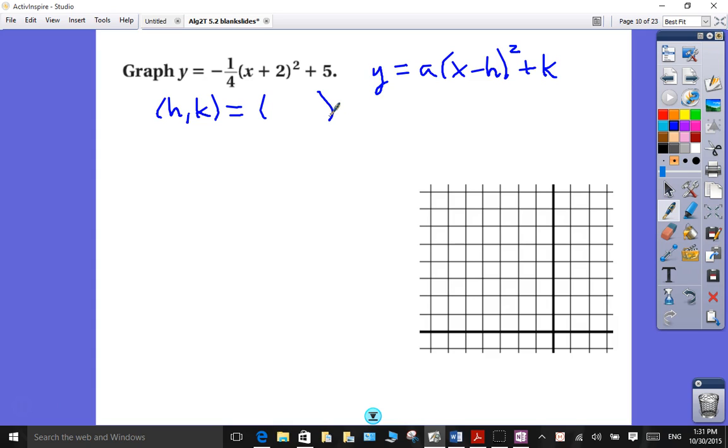Remember when we were doing the zeros versus linear factors? If you had a zero that was negative, then the linear factor was plus. It's the same thing here. The minus is in the formula right there. So if it says plus 2, it must be x minus negative 2, because that's what makes it x plus 2. So the x coordinate is negative 2, the y coordinate is positive 5, because that is a plus there. So (negative 2, 5).